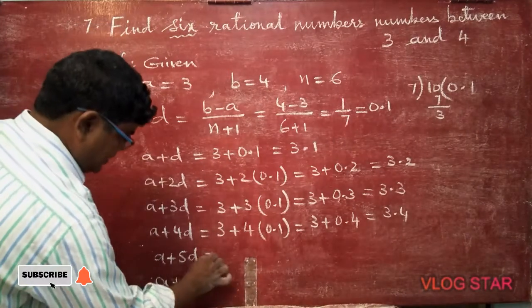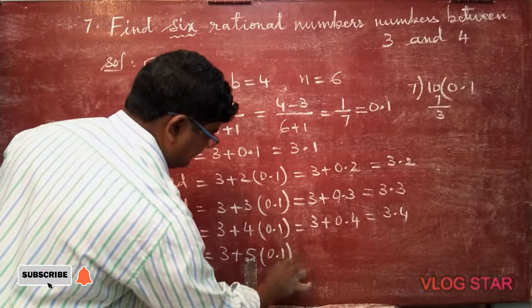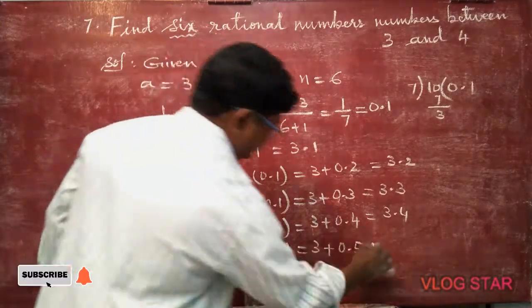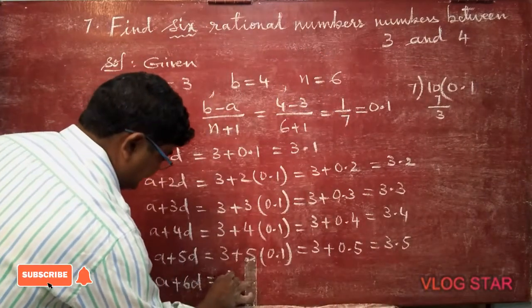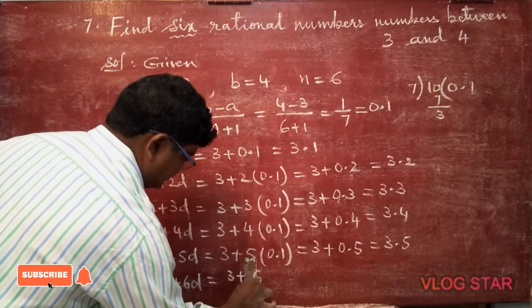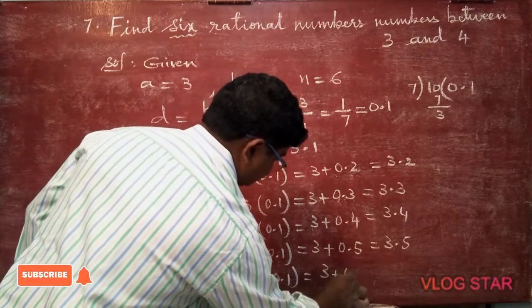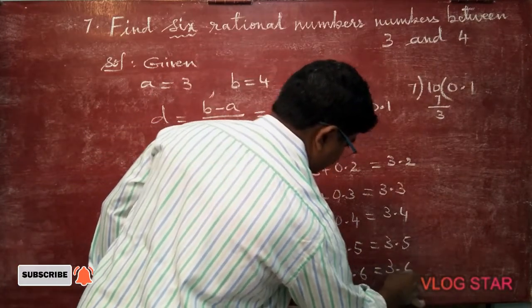Easy way. 3 plus 5 into 0.1, 3 plus 0.5, that is equal to 3.5. Next, 3 plus 6 into 0.1, 3 plus 0.6, that is equal to 3.6.